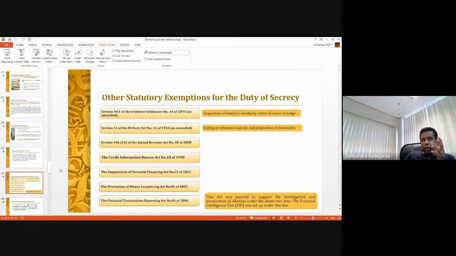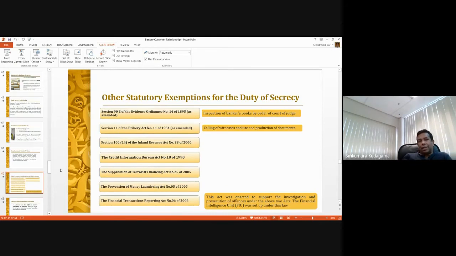Irrespective of the amount, generally cash transaction reporting arises where the amount is more than 1 million. But suspicious transaction reports can be generated even when the amount is less than that. So you'll see that that is based on suspicion.